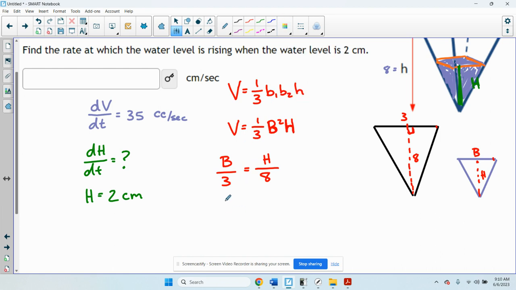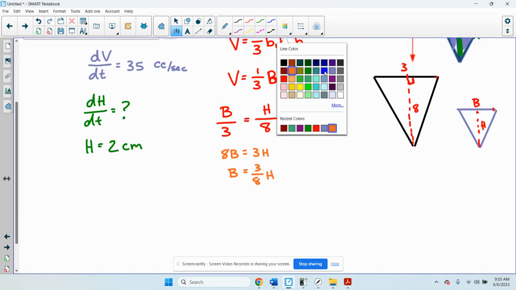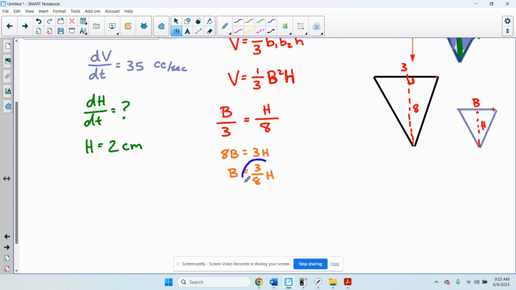So when I cross multiply, I get 8B equals 3H. Now look, I'm trying to get rid of B in my equation because I don't have a dB/dt. So I'm going to solve this for B. Dividing both sides by 8, I get B equals 3/8 H. So I'm just going to take that value for B and substitute it into the formula for the volume.